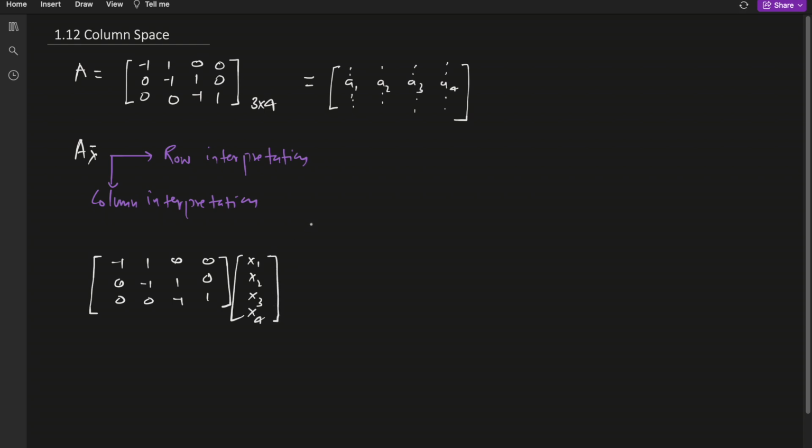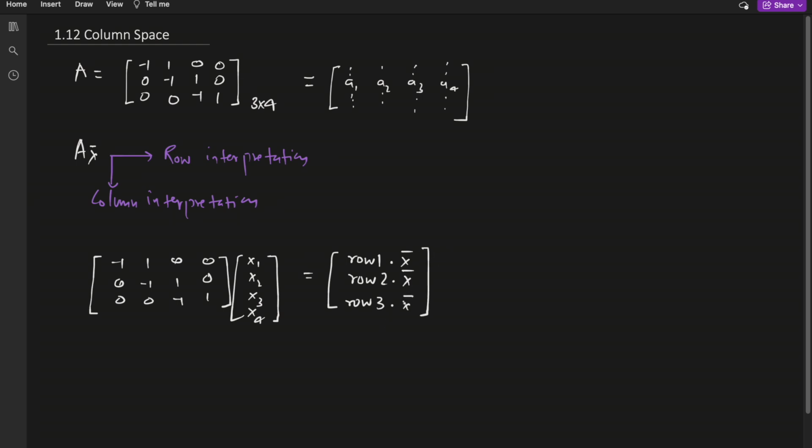The row interpretation says that each row of matrix A multiplies with the column vector X. These multiplications are row times column, I mean, these are the dot products. So it will look like row 1 dot product X, row 2 dot product X, row 3 dot product X.